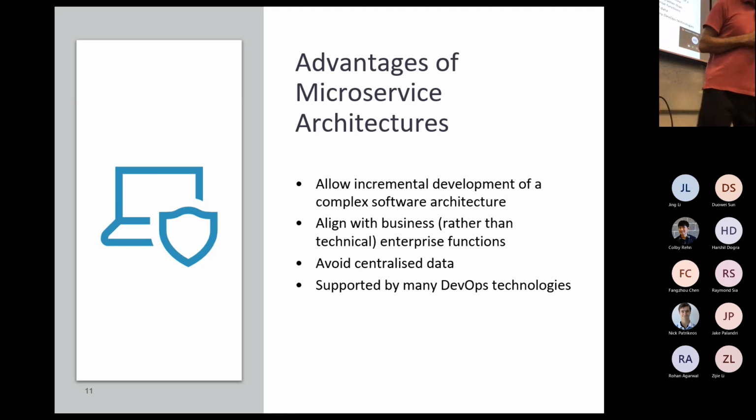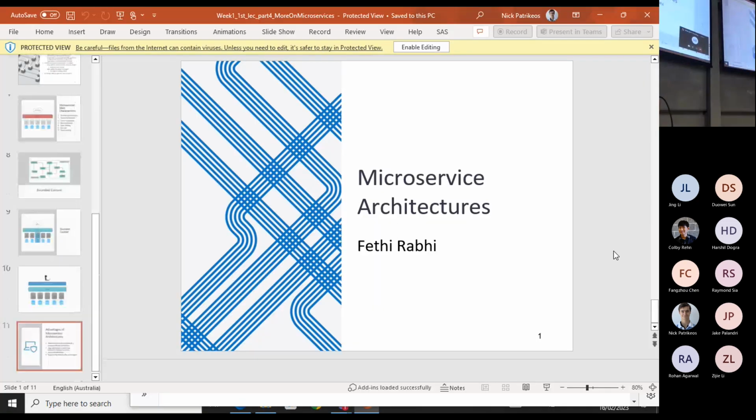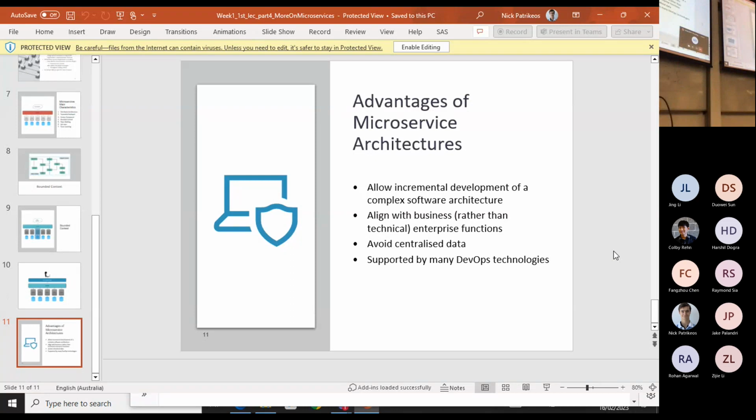Plus, the microservices are well supported by DevOps technologies. And we're going to mention a little bit about DevOps at the end. Okay, so I think that concludes the part on microservice architectures.